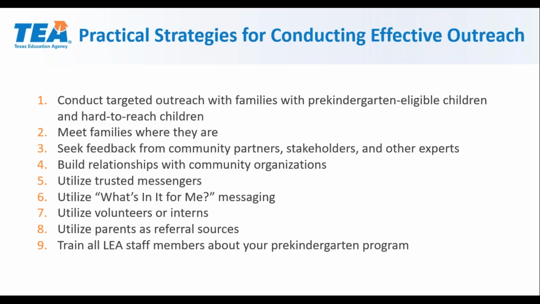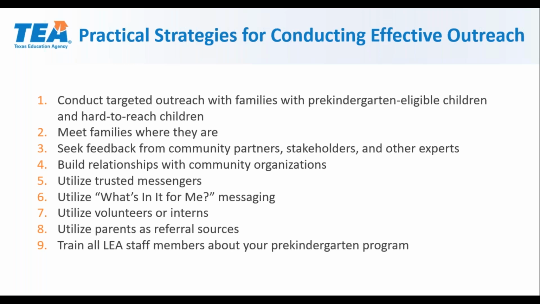So we're going to talk through today 9 specific things that you can do, and you can start with one of these. You can start with more than one. Maybe there's something that works for you, but here's some just general ideas for conducting outreach. So you'll want to conduct targeted outreach with families with pre-kindergarten eligible or hard to reach children.